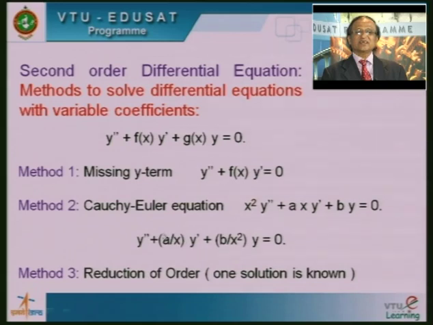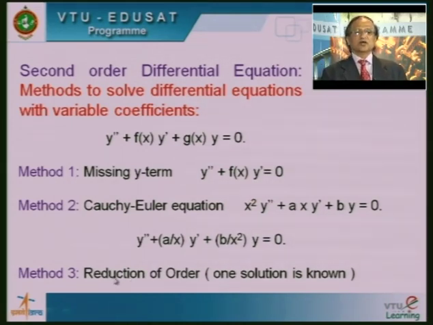What is the remaining thing? The remaining thing is a by x. The last term is b into y divided by x square, or it can be written as b by x square into y is equal to 0. Then we can obtain the solution of this equation. We call this another method.